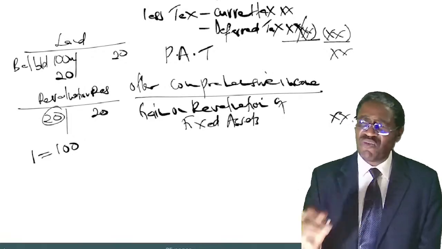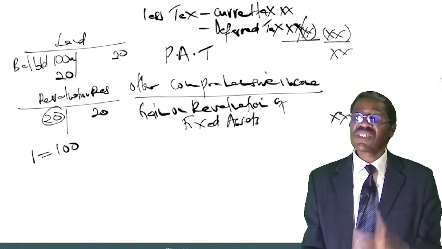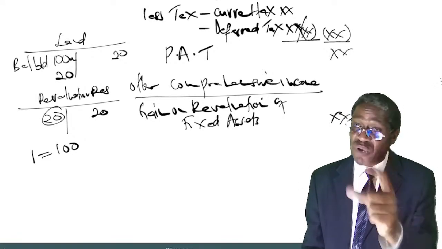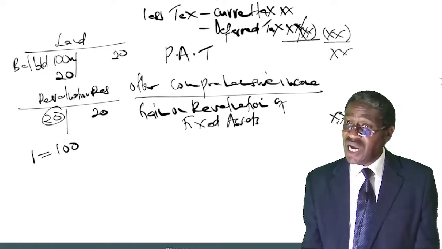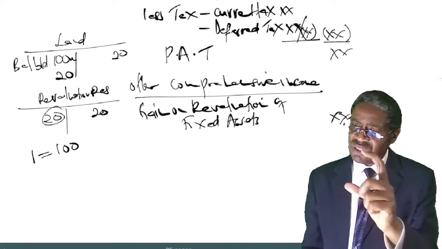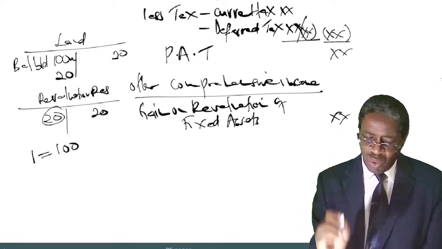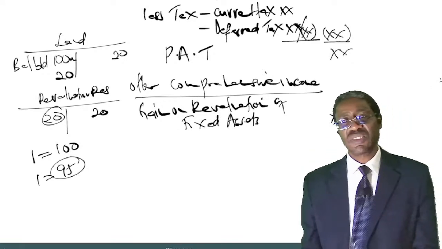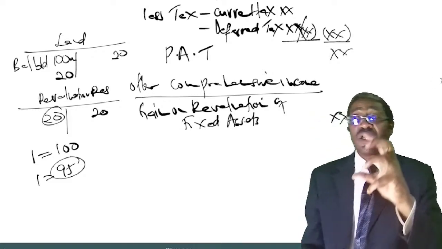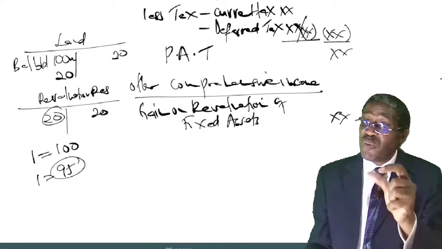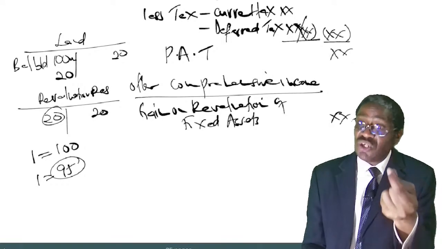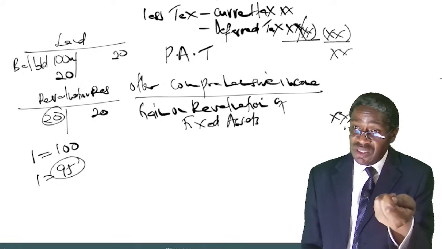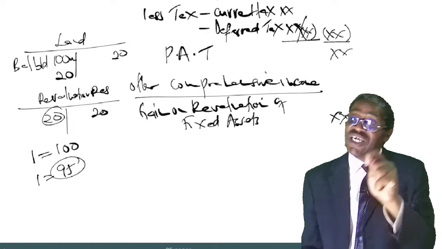Suppose the time of payment comes, and at the time of payment, $1 is equivalent to 95 shillings. So when you are going to pay, you are not going to pay 100 shillings. You're going to send 95 shillings so that it can be converted into $1.